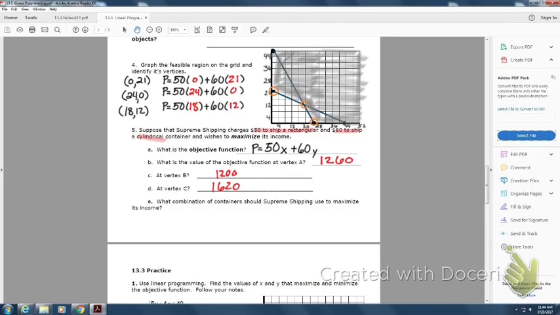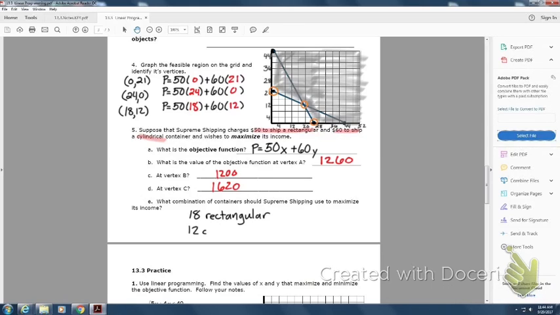Vertex C is what? 18, 12. Okay. 18, what kind of crates? 18 rectangular. Make sure that on problems like this, you put what that is.